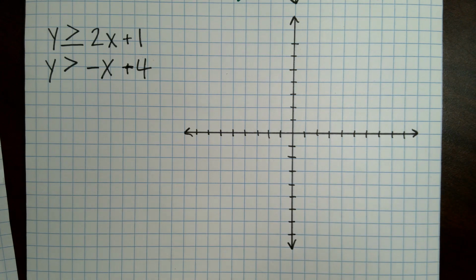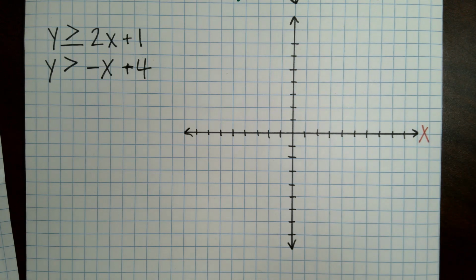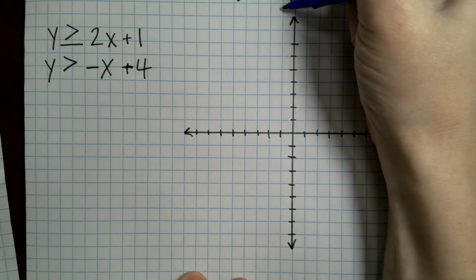And we want to put our x and our y on there so that we don't forget which axis is which. And I'll give you guys a minute to get caught up to there so that we're all on the same page.